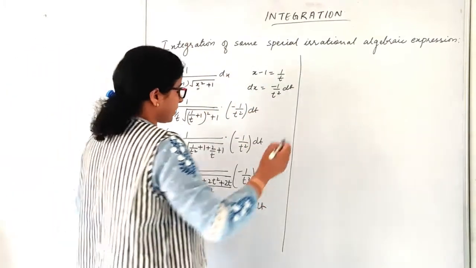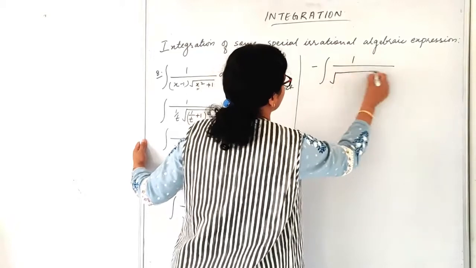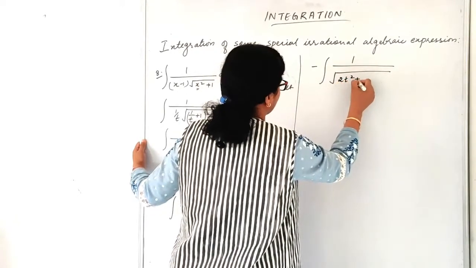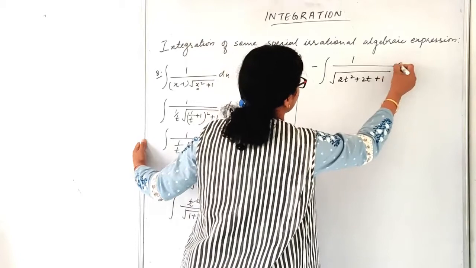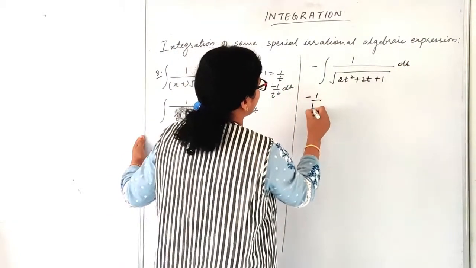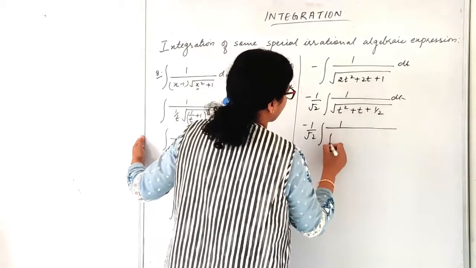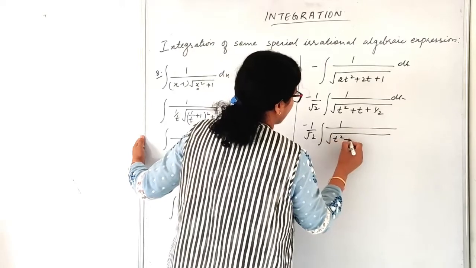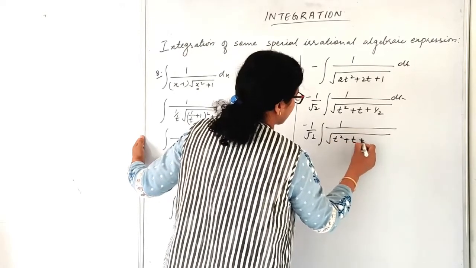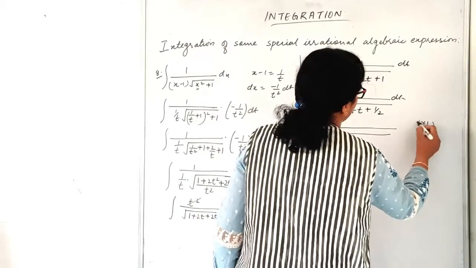So now this can be written as minus sign common, 1 upon root of 2t square plus 2t plus 1 dt. Take out 2 common and make it a perfect square. Now the question becomes simple. If we make it a perfect square, it will become t square plus t plus, coefficient of t is 1, multiply by 1 by 2, square it.